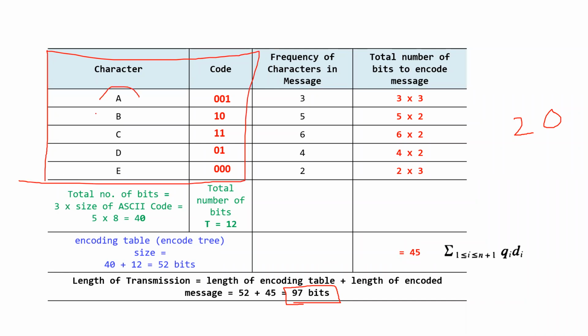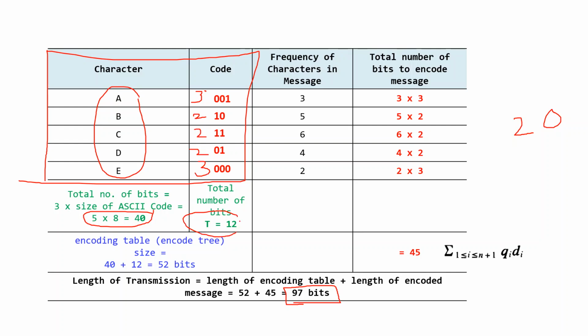So you have to send 5 characters, represented using ASCII code. That will be 40 bits plus the 5 different Huffman codes that you have generated. The total length of these codes will be 3 plus 2 plus 2 plus 2 plus 3.